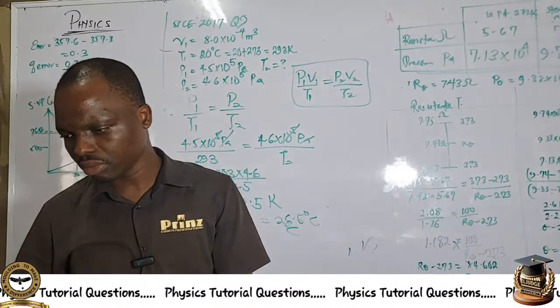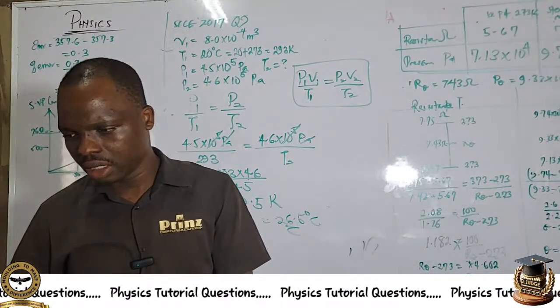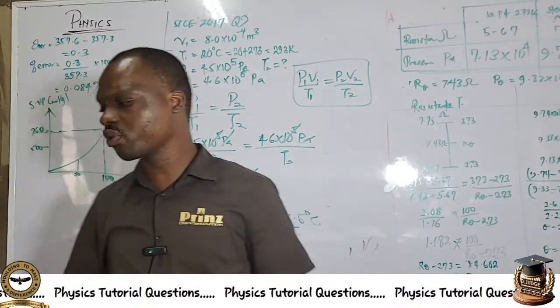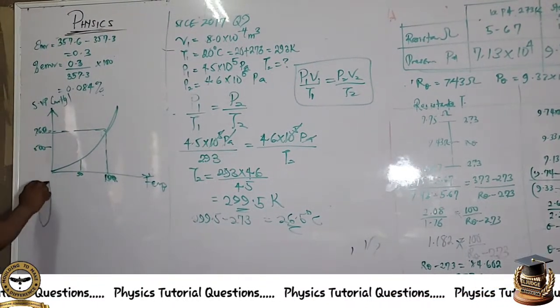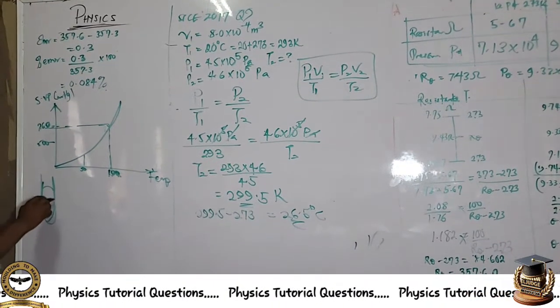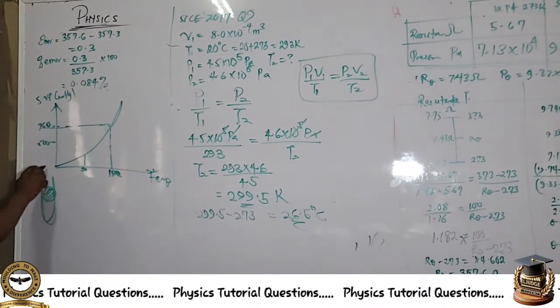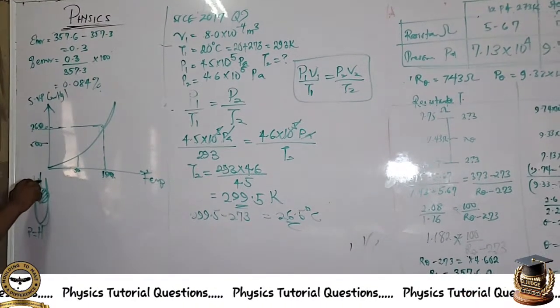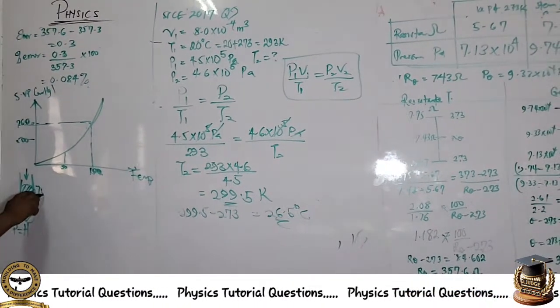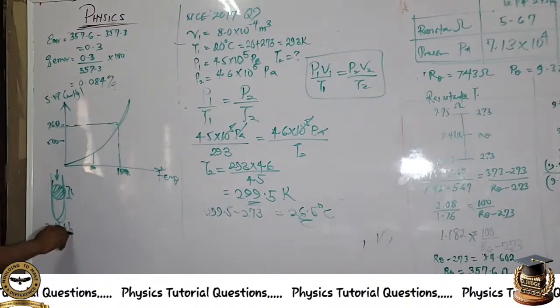Then you have to also note how to solve questions when you're having a tube that is facing up. When it is facing up, remember that the pressure equals atmospheric pressure plus this, which is the H. So atmospheric pressure plus this.